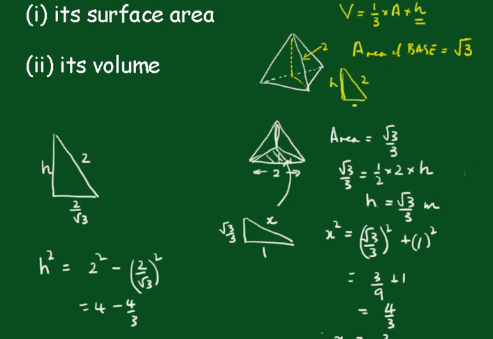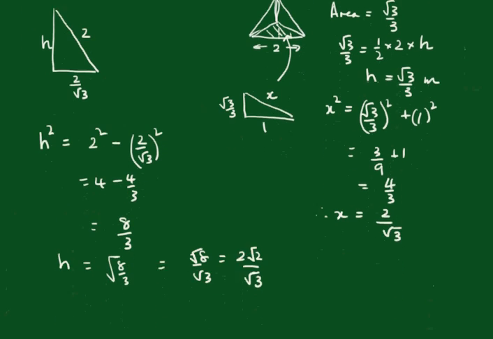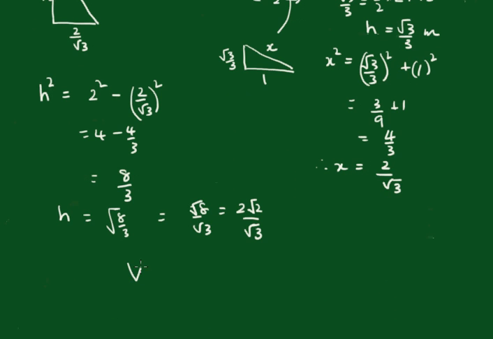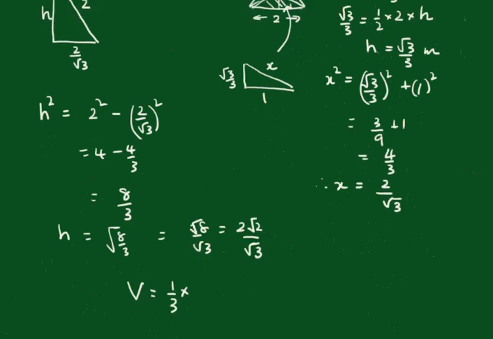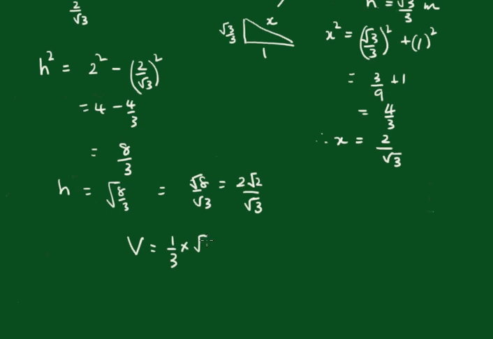Now go back. Remember the volume is a third the base area times the height. So the volume equals 1/3 the base area, remember the root 3, times the height, 2 root 2 on root 3. These root 3's cancel out.